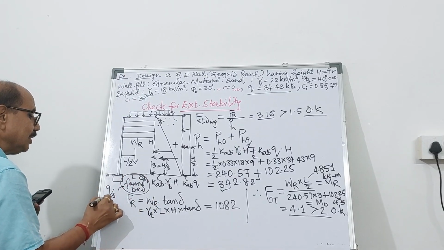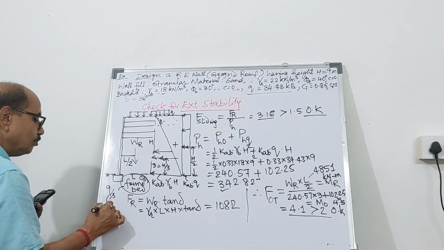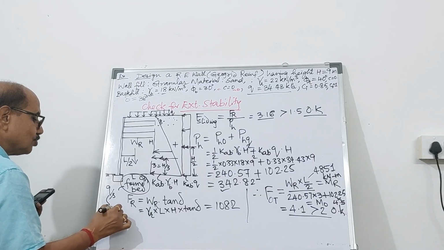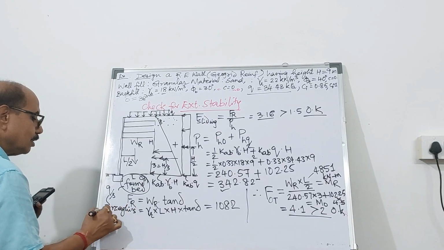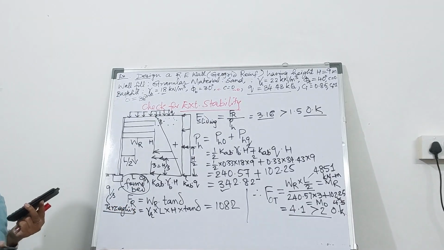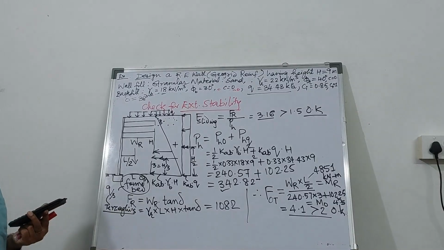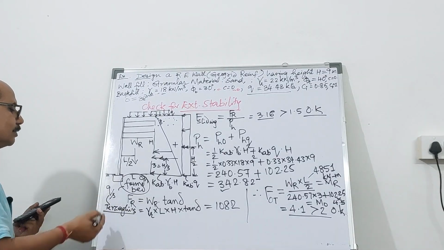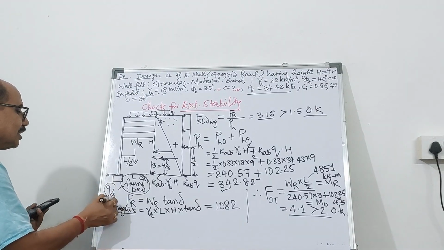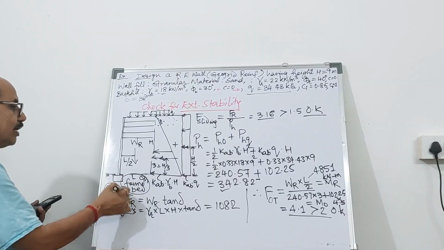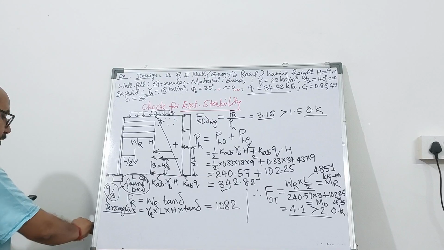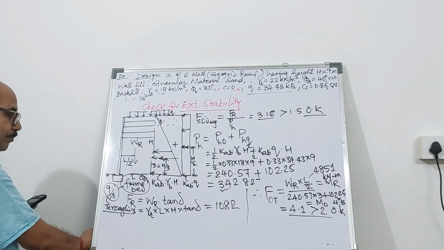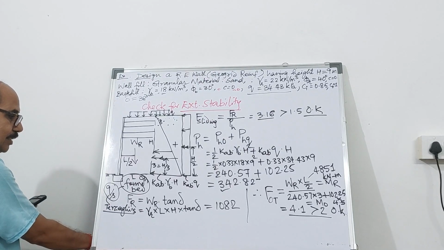Safe bearing capacity, you can calculate it using Terzaghi's or Meyerhof or basic, any formula you can use to find out the safe bearing capacity, and the value of phi is same as the backfill, and gamma is also same, 18 and 30.